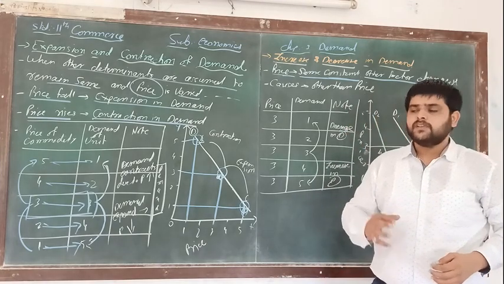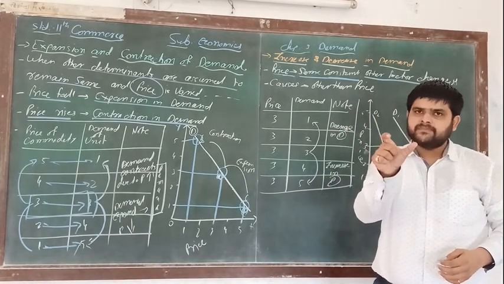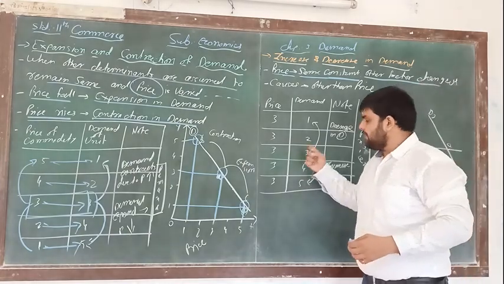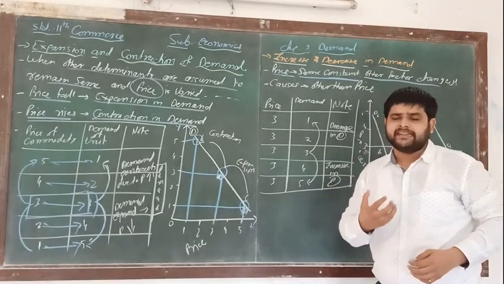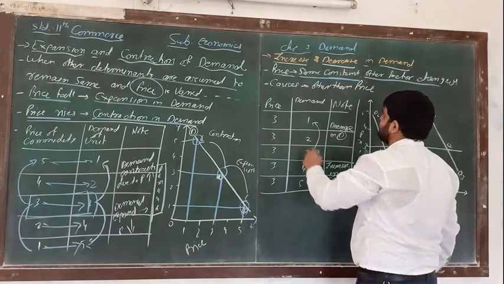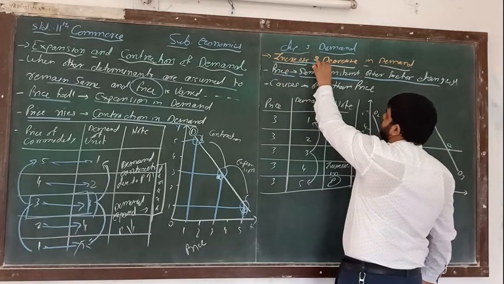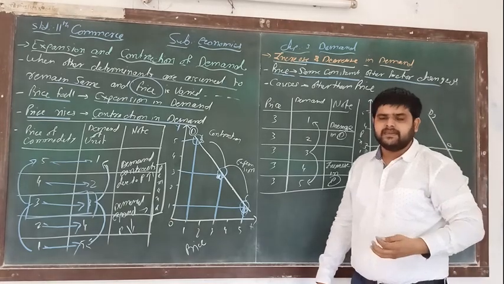So the price remains the same, but there is a change in the other factors affecting demand. Whatever changes there are, we see it as an increase and decrease of demand.